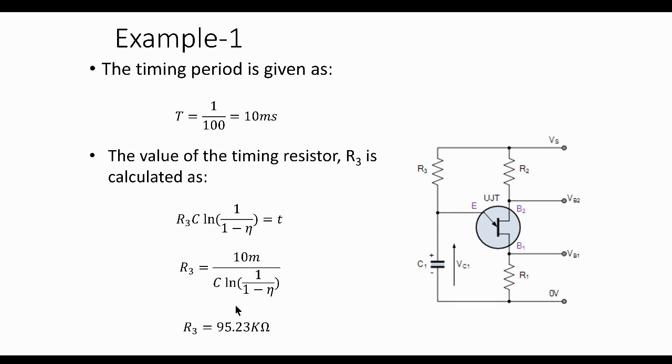That's pretty much what we did a while ago. And I would have mentioned to you to pay attention to the output that you're taking. If you want your positive pulses, then you take it from B2. If you want negative pulses, you take it, positive pulse B1 and negative pulses B2.